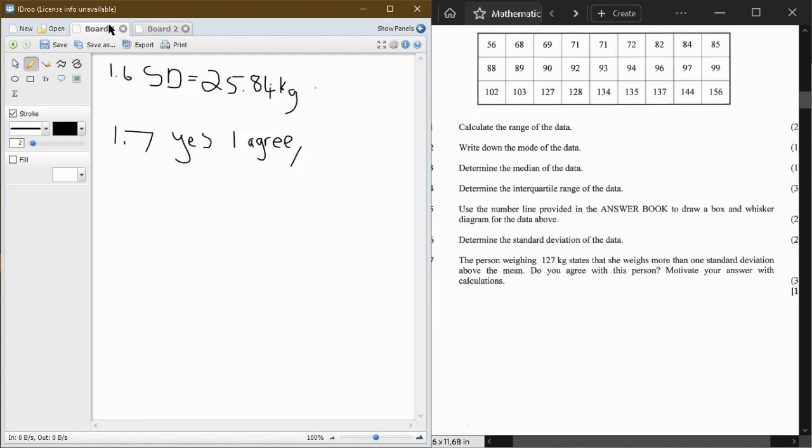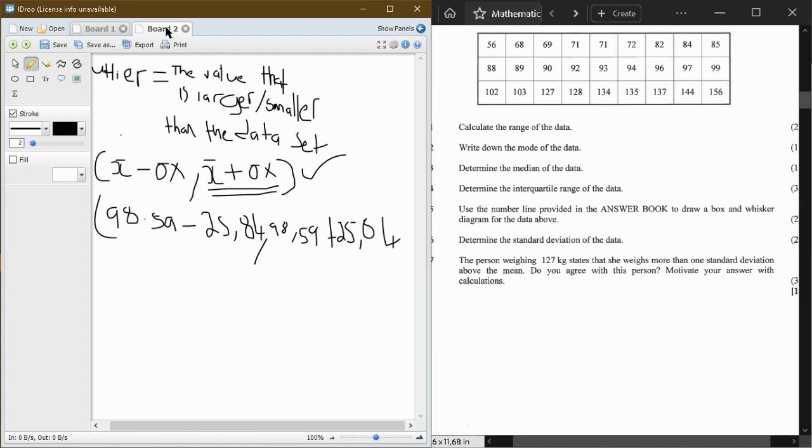And then when you're done, you're going to conclude and say because 127 is greater than 124,443.